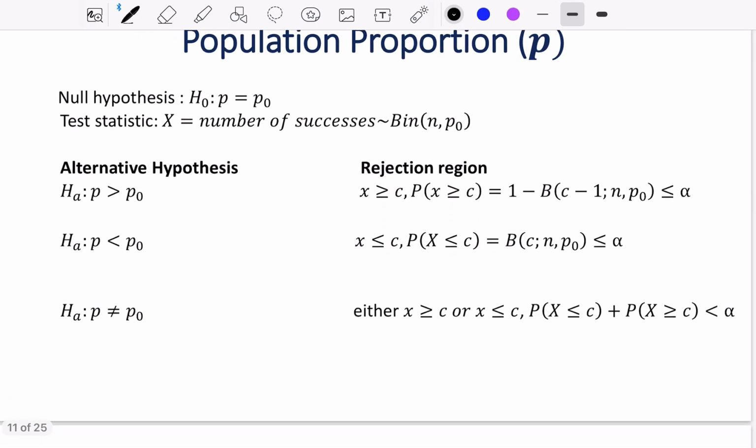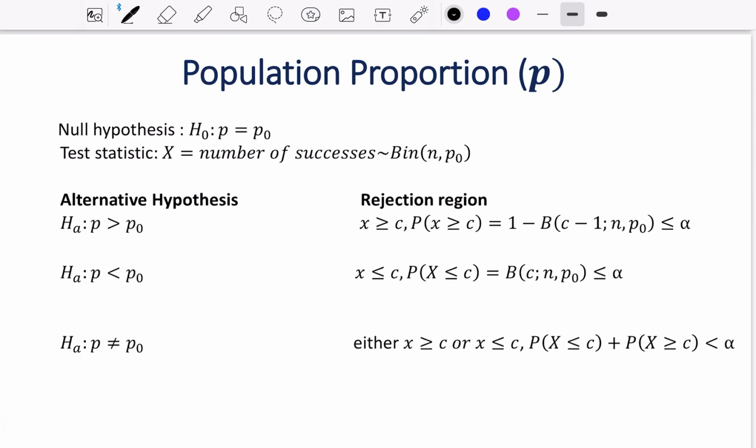So now I gave you a little bit of a summary there of this test for the binomial. The null hypothesis is the same as always, and the test statistic now changes. The test statistic now is the number of successes. So in our first example, which had to do with the number of defectives, x will be the number of defectives because that's our success, right?